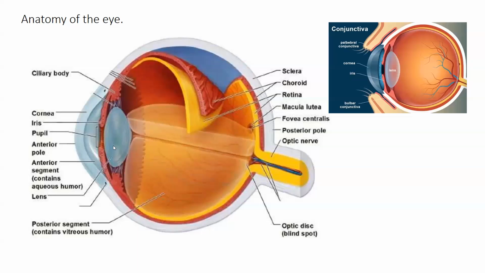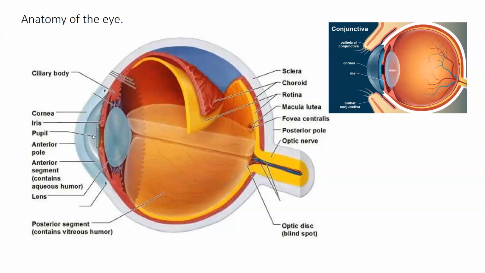The lens, to come back to the lens, is suspended in place by these ligaments and some ciliary muscles. Together, the muscles and the ligaments are known as the ciliary bodies. And again, we're going to have some terminology related to that. The job of this structure is to change the shape of the lens in order to focus light properly onto the fovea centralis. The front of the eye, meaning between the cornea and the lens, is filled with a fluid called the aqueous humor.